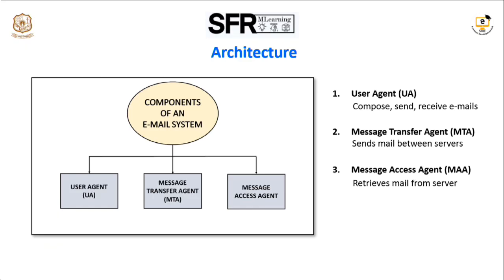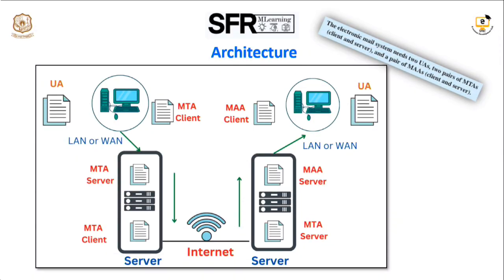Between client and server, there may be several mail servers. Therefore, we need to send the message through mail servers only. This is the architecture of sending an email. First, at the client side there is a user agent, and at the server side there is also another user agent.